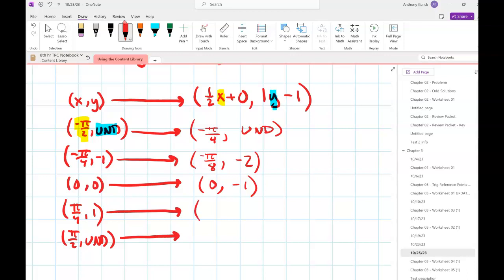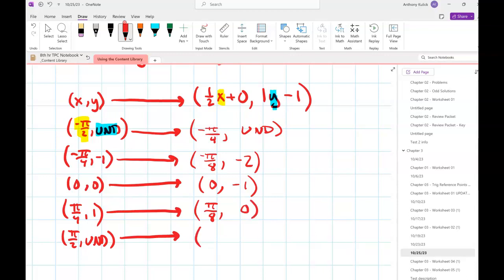All right. 1/2 times pi over 4 plus 0. I already did it. Just pi over 8, right? It's going to be the same as if we did it with the negative pi over 4, because all we're doing is adding 0 to it. It's like, all right. 1 times 1 minus 1? 0.